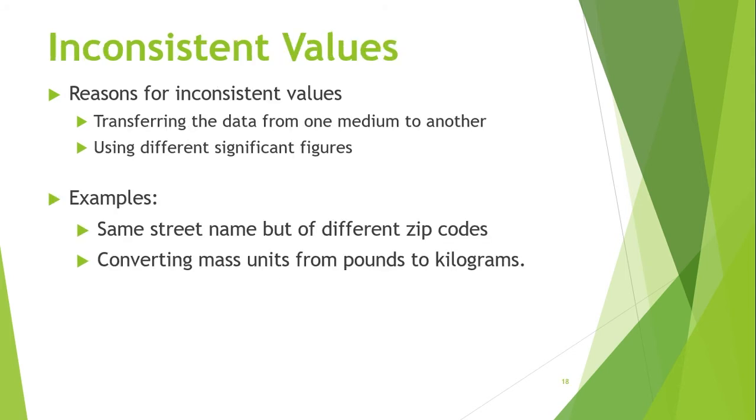Now, inconsistent values. Data can contain inconsistent values din. Halimbawa, transferring the data, reasons nito, pwedeng transferring the data from one medium to another, tulad nung nabanggit ko kanina. You have written it, and then nung tina-transfer mo na, ini-encode mo na, nagkamali ka ng typing. So, inconsistent values.